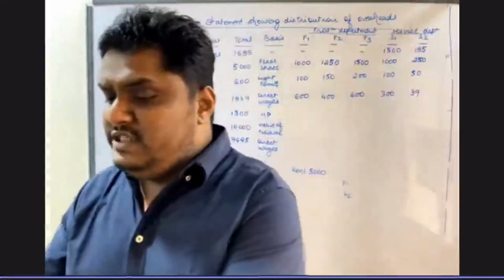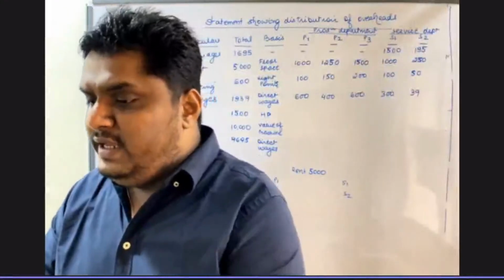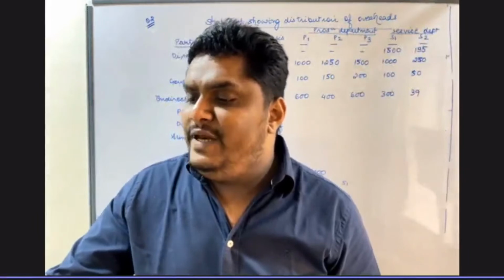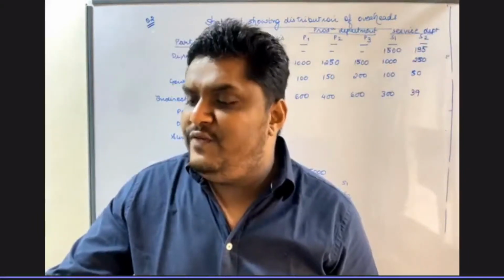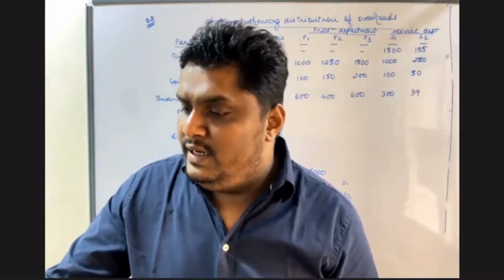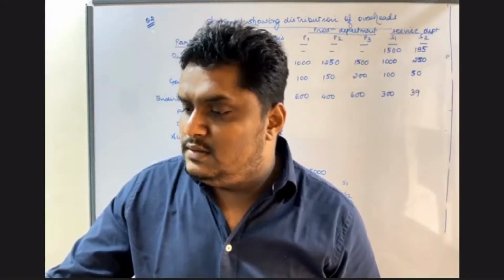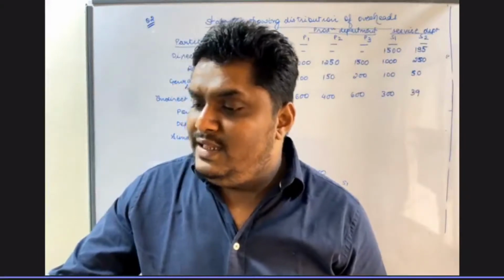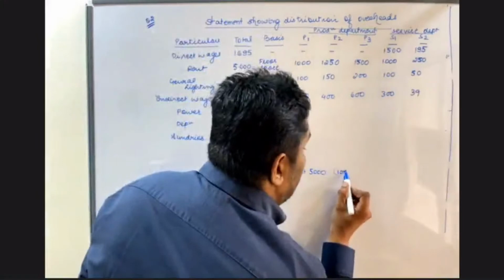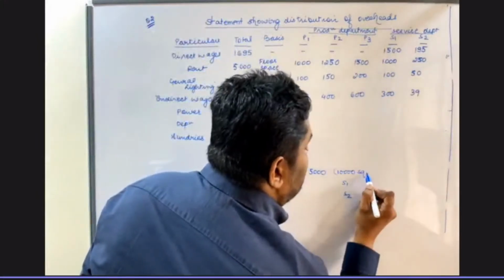Now the rent is distributed in the ratio of area or floor space, and the total floor space available is 2,000 plus 2,500 plus 3,000 plus 2,000 plus 500, that is 10,000 square feet. So the total area is 10,000 square feet.